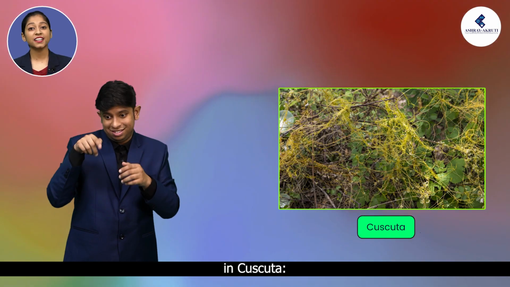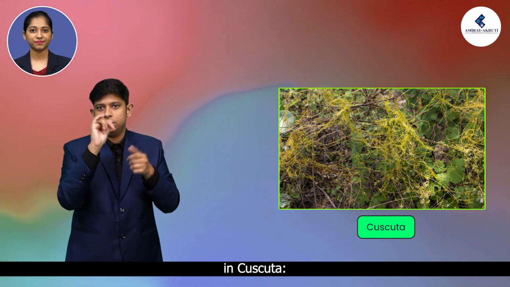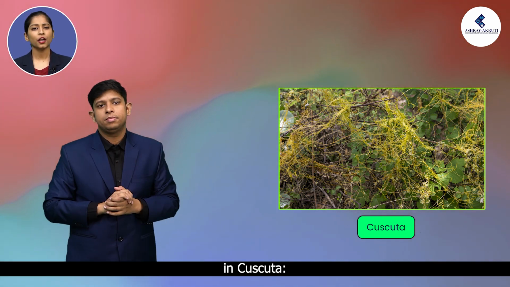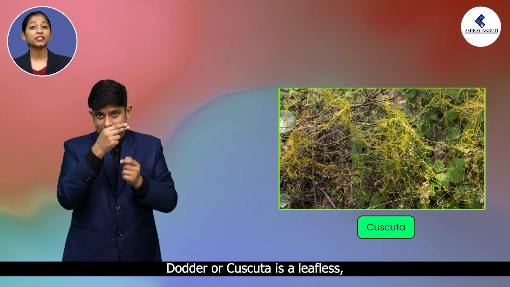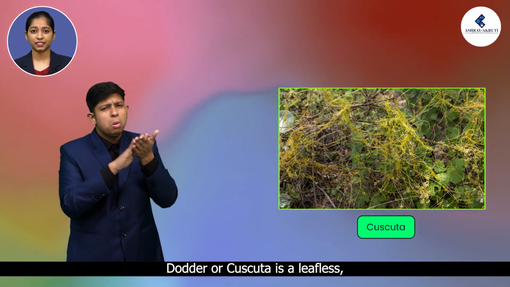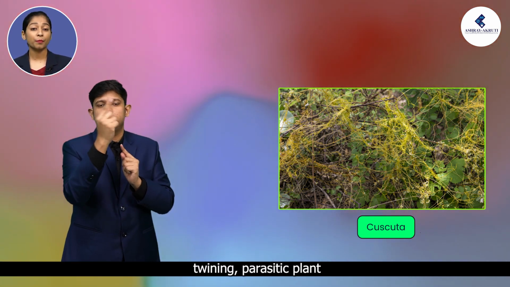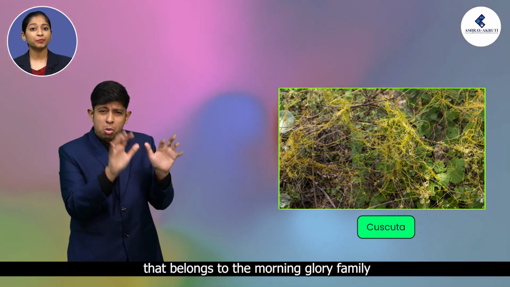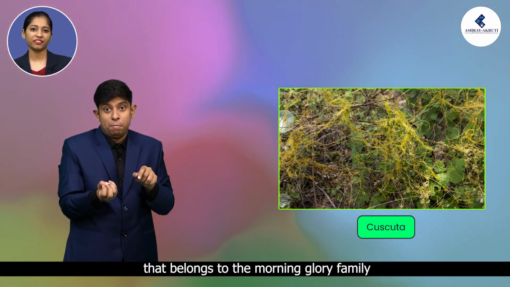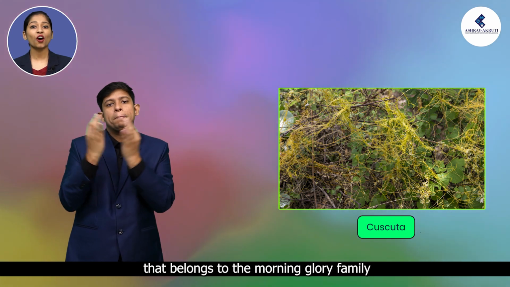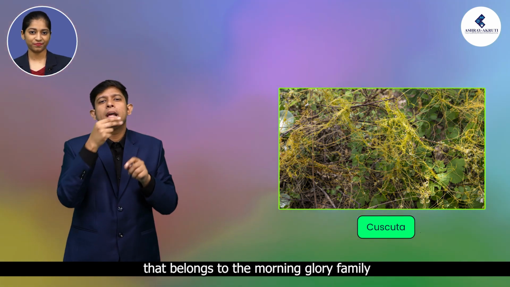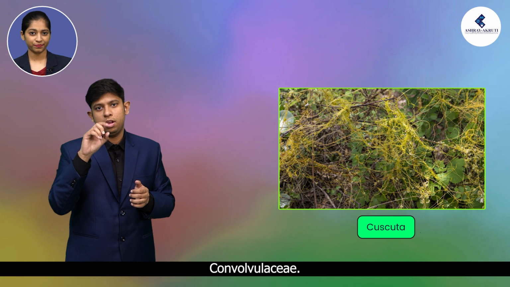Parasitic nutrition in Cuscuta. Dodder or Cuscuta is a leafless, twining, parasitic plant that belongs to the morning glory family, Convolvulaceae.